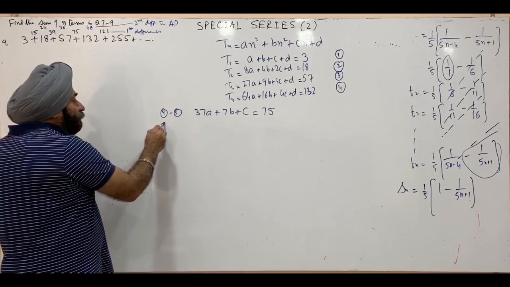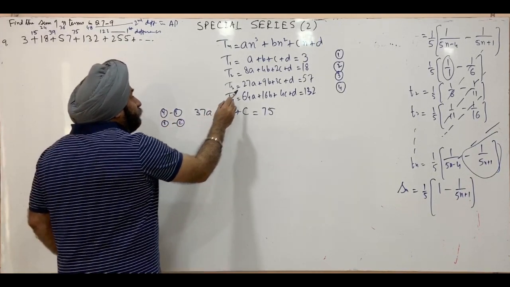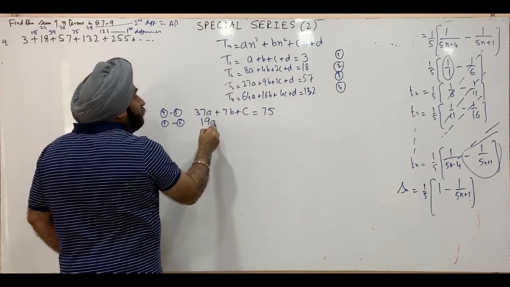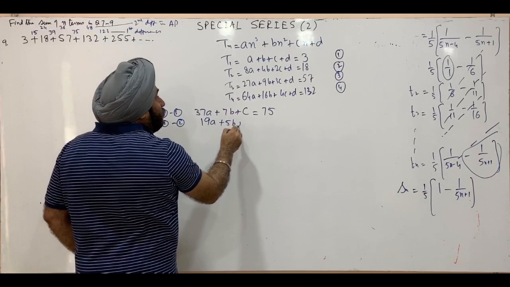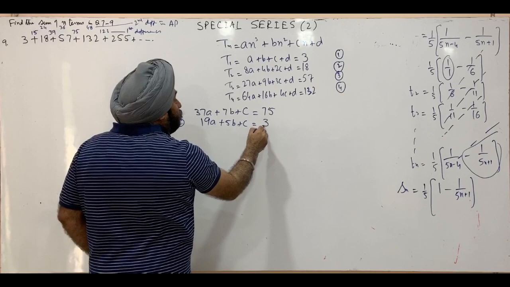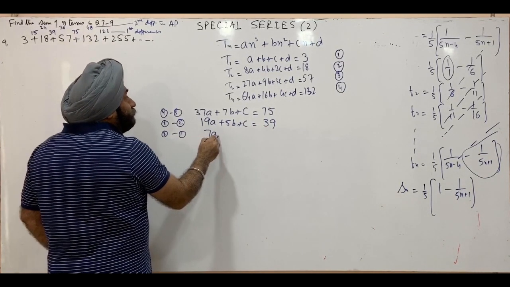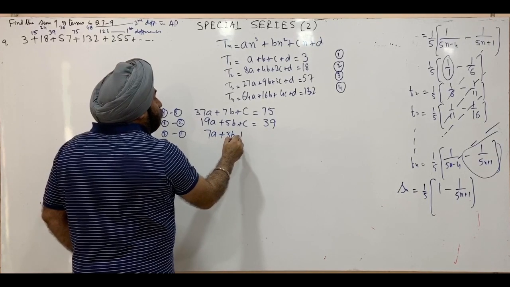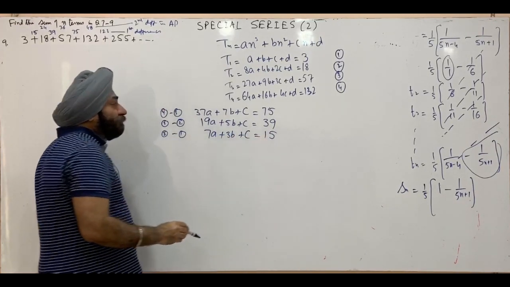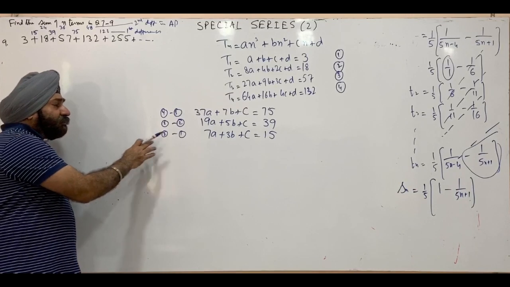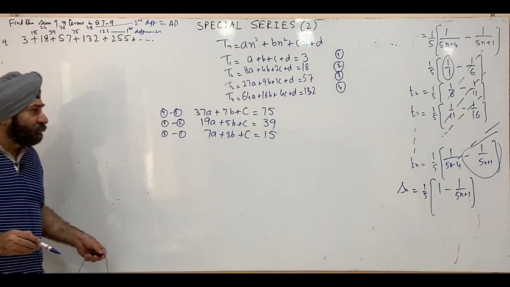Then we find out third minus second. This will be 19a plus 5b plus c, equal to 39. And then second minus first, that's 7a plus 3b plus c, equal to 15. So with this we have 3 equations in a, b and c.